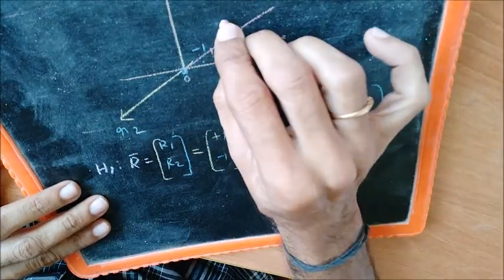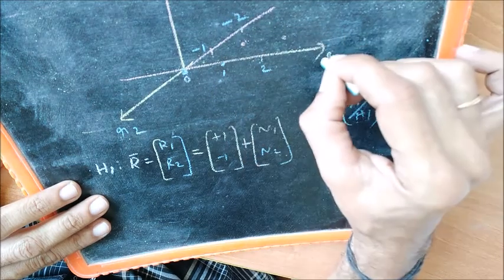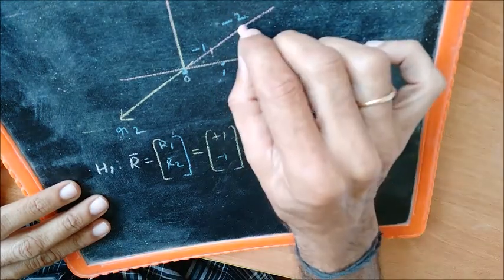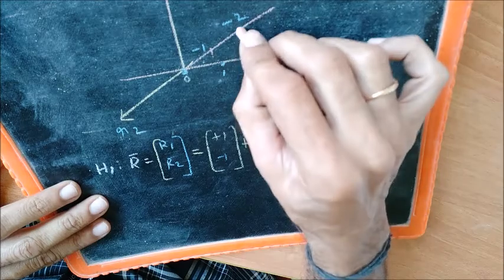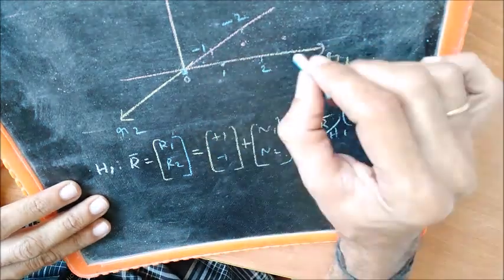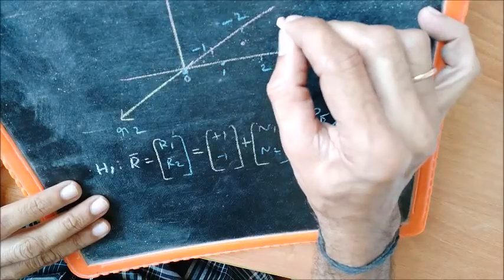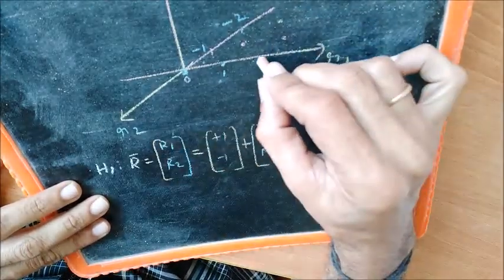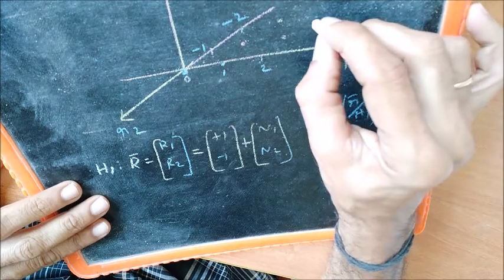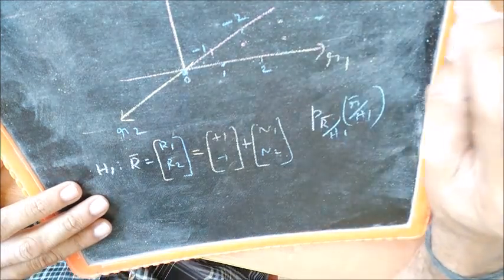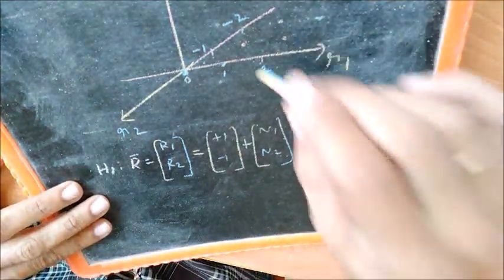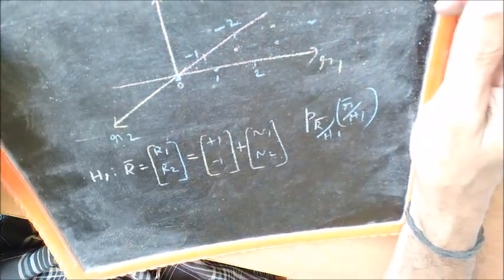And then you have R2 minus 2, R1 0, and R2 minus 2, R1 1, and R1 2, R2 minus 2. These are the 9 possible values when H1 is the true hypothesis.